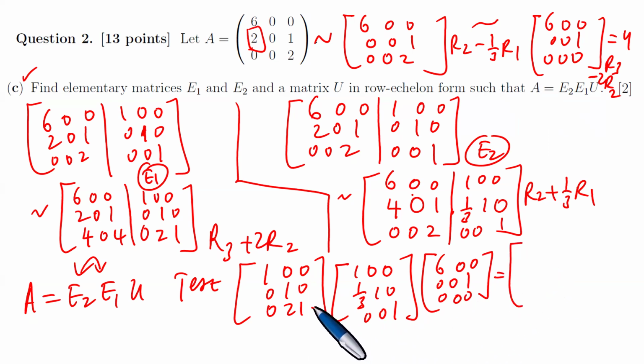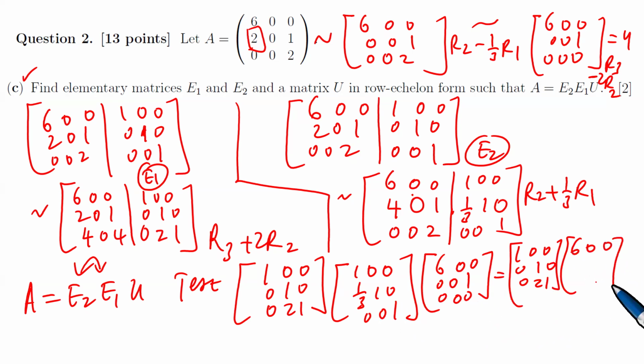Which one is easy to multiply? Doesn't matter. Let's multiply the last two. So we're going to keep 1, 0, 0, 0, 1, 0, 0, 2, 1. You multiply these with that, you get a 6. This with that, a 0. This with that, a 0.